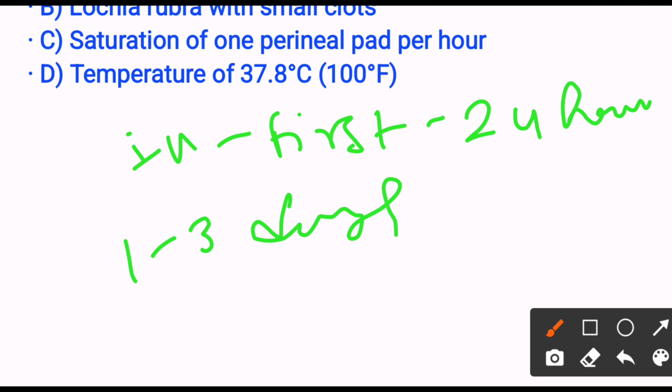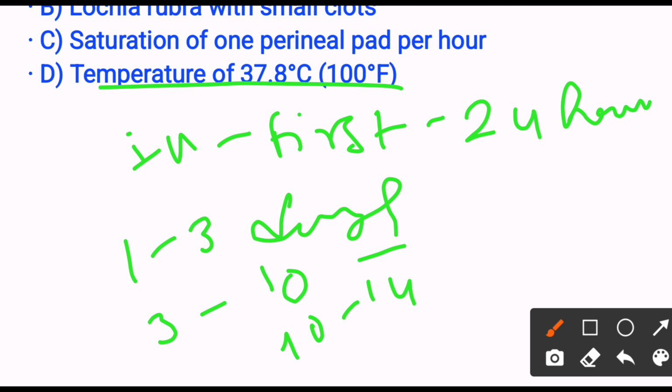Lochia serosa is 3 to 10 days, and lochia alba 10 to 14 days. Temperature 37.8 degrees is also normal. So the answer will be option C, saturation of the perineal pad per hour.